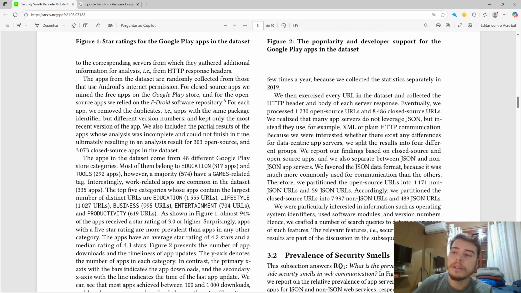Here is the number of URLs that these apps have, from APIs and services that work with these apps, and you can see that the apps in the education category have more URLs.